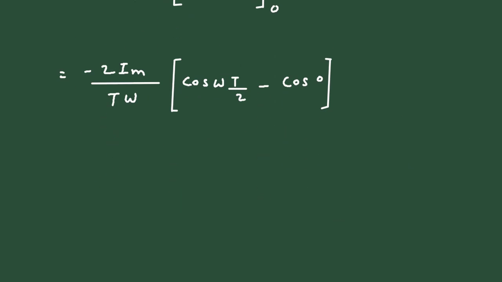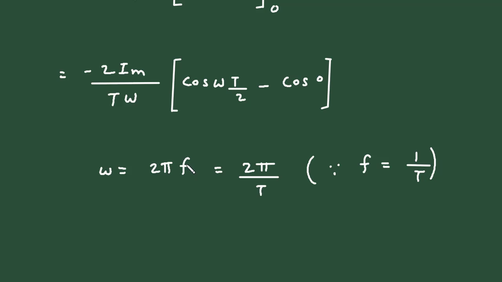Now we know that omega is equal to 2 pi f, and f is equal to 1 upon T. If we put f equal to 1 upon T, we get omega equal to 2 pi by T. Therefore omega into T is equal to 2 pi.